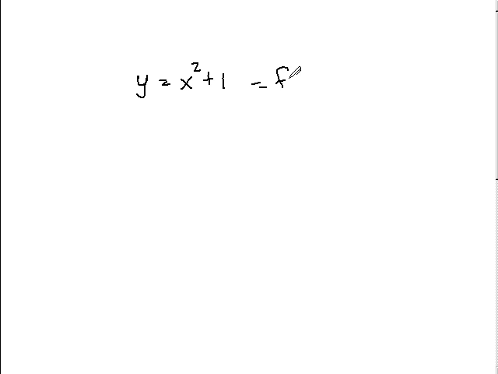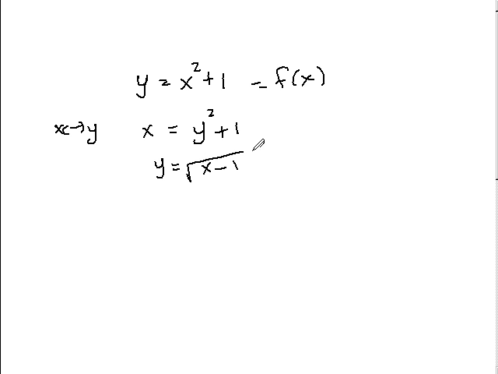Well, if you just interchange x and y and then solve for y, so y equals plus or minus the square root of x minus 1, this is f inverse of x. And you can verify that they in fact have that relationship. So this trick of interchanging x and y and then solving for y will give you the algebraic form of f inverse.